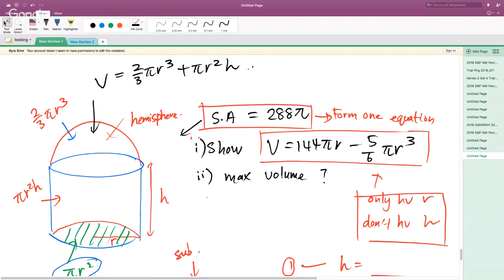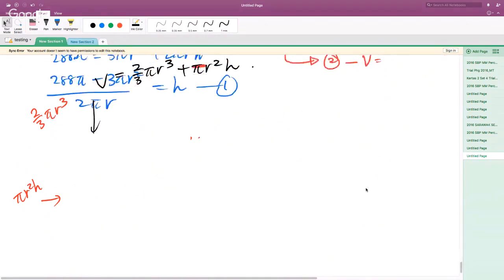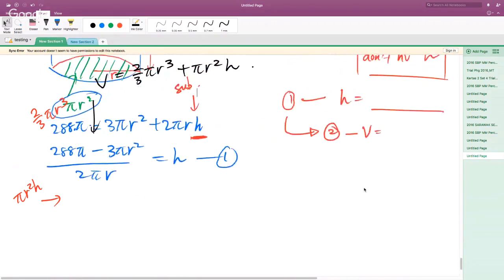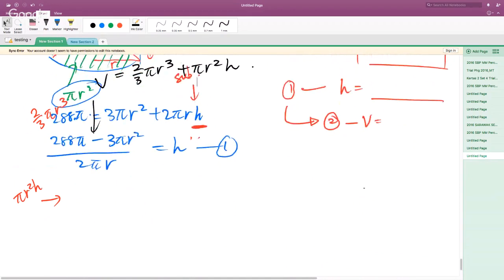Okay, so in order to show this one, just now you have the H, isn't it? You have to substitute your H into it. It's stuck already, but it doesn't matter, I just try to use the information we have. So V is equal to 2 over 3 pi R cubed plus pi R squared H. My H is the whole thing here.